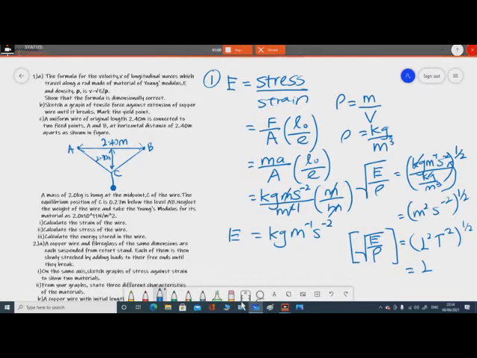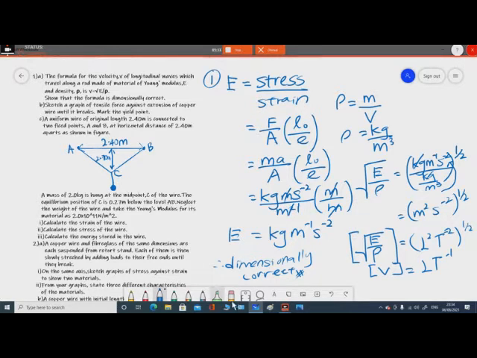So this one shall be L T to the power of -1, which is the same as the dimension of velocity. So we can conclude that this formula is dimensionally correct. So this is the answer for number 1A.